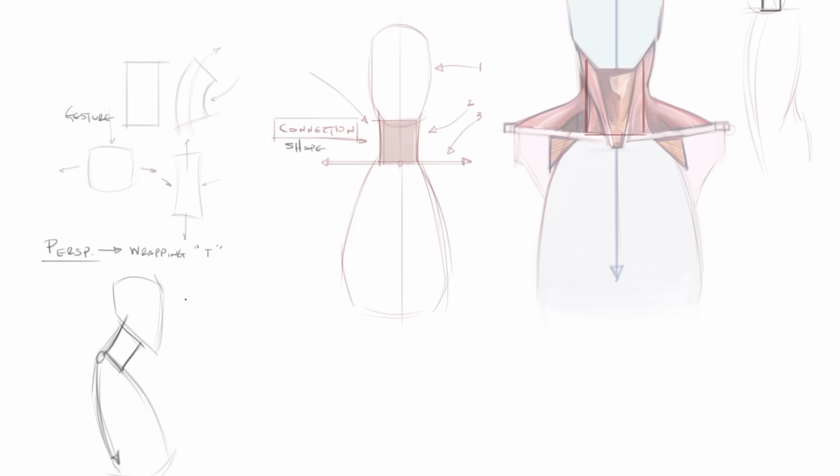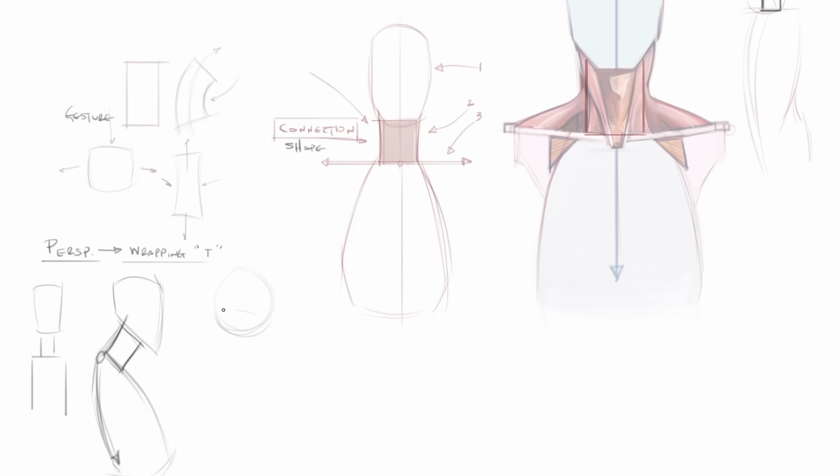Now, this is a bit of an exaggeration, but I'm trying to get you out of the whiplash head, that everything is moving this way all the way down. So if we turn that a bit, we can solve the perspective pretty easily.